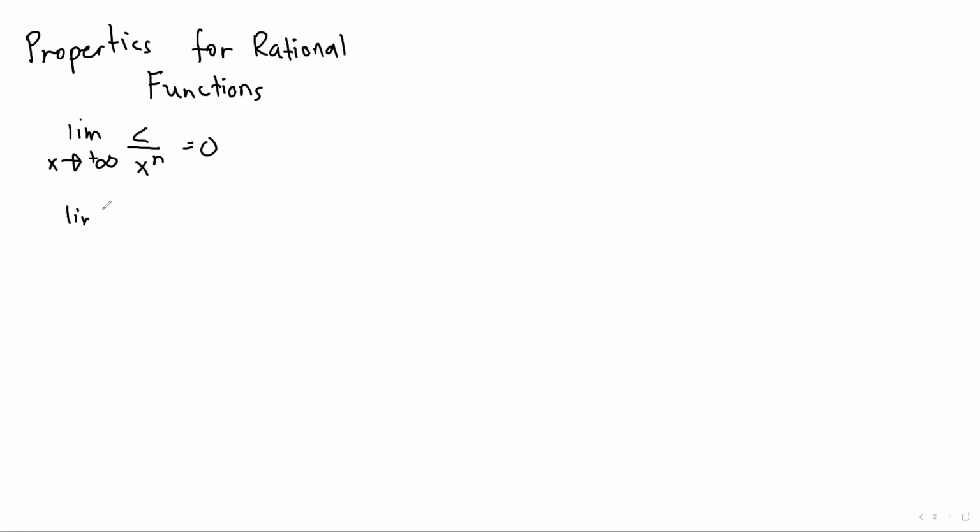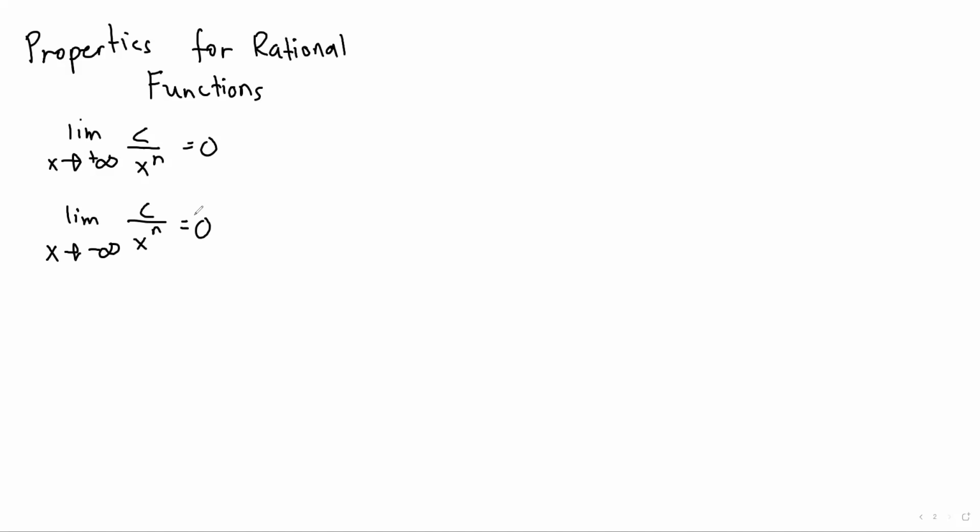And the limit of c over x raised to n as x approaches negative infinity is also equal to 0. Why? Because technically, whatever happens, it is always equal to 0. As x approaches infinity, that number becomes very small, whether positive or negative infinity. It's the same either way.